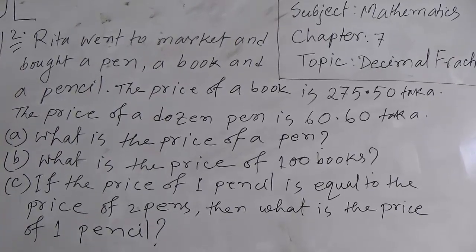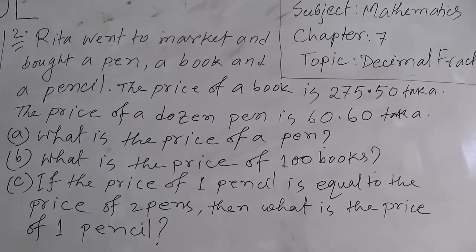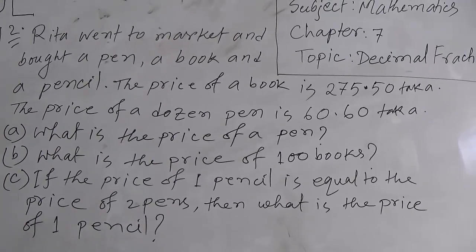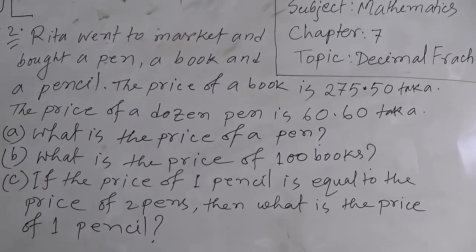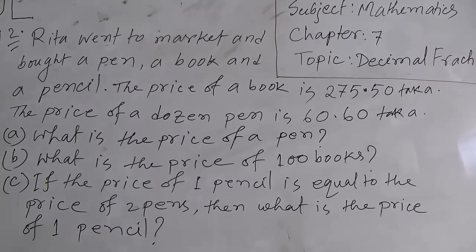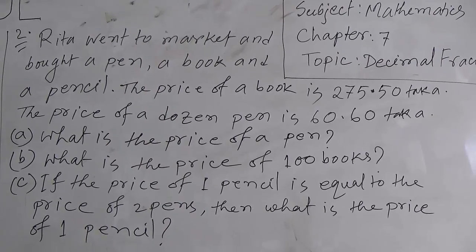Our first question, what is the price of a pen? Question B, what is the price of 100 books? And question C, if the price of one pencil is equal to the price of 2 pens, then what is the price of one pencil?